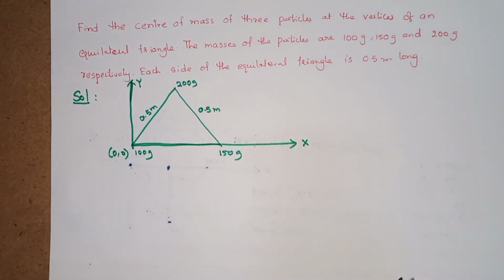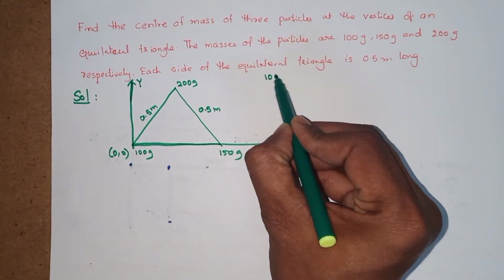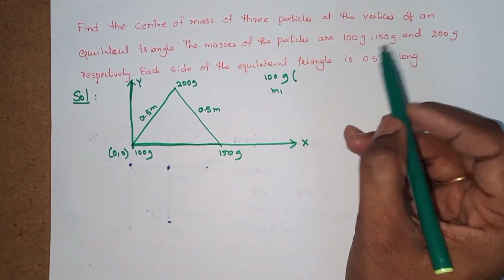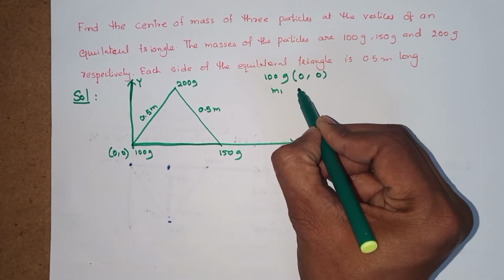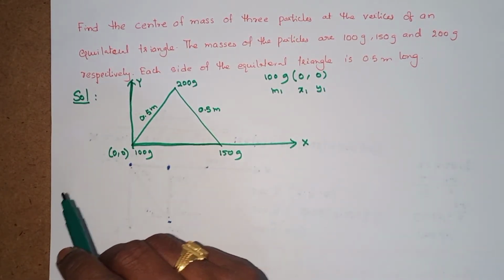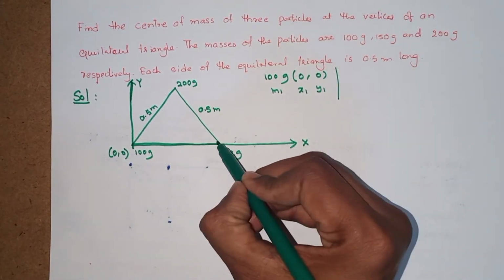Now we need to identify the coordinates of the 100 grams, which is M1. Its location is clearly known, 0, 0. This is x1, y1. Next, the 150 grams.